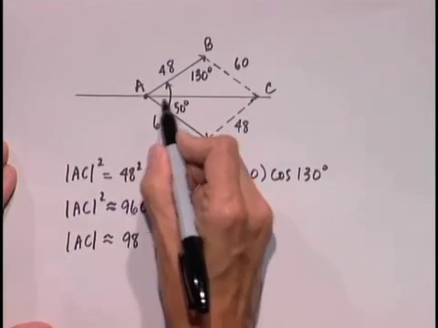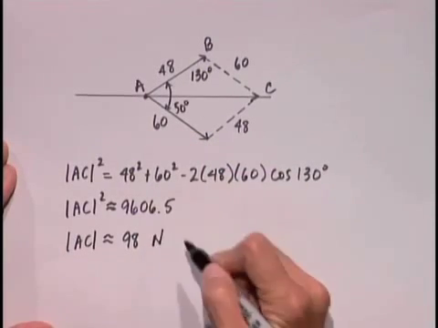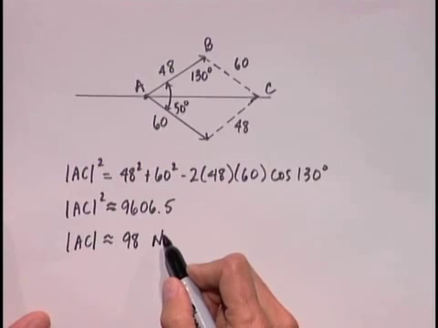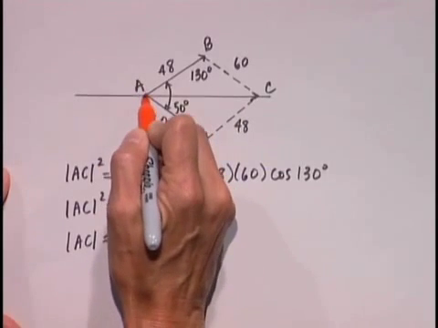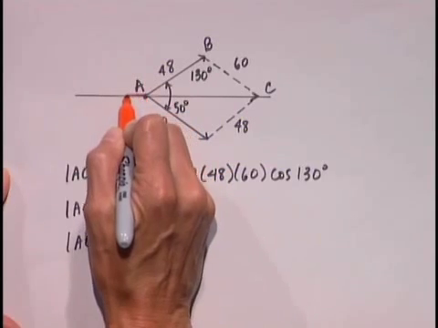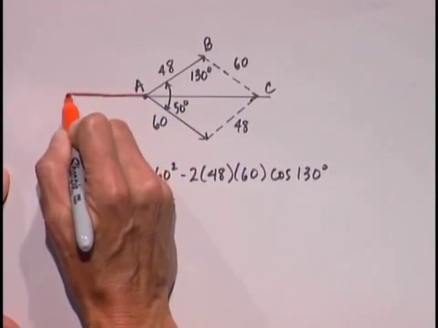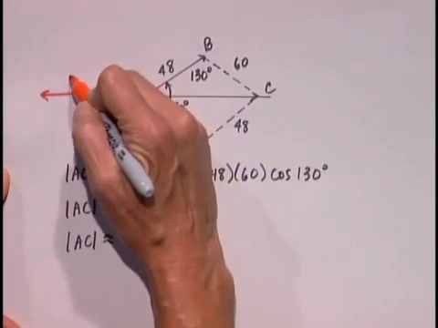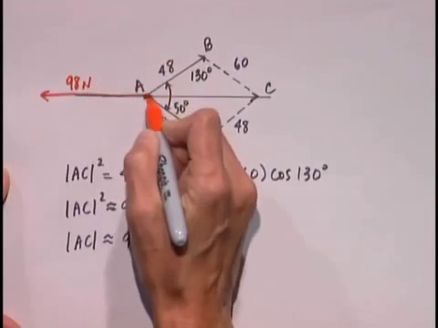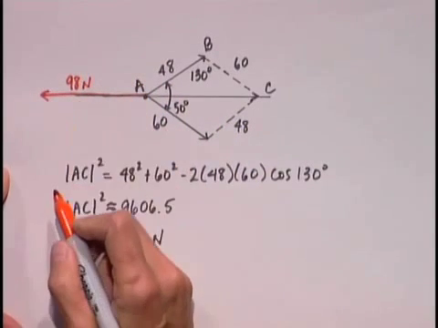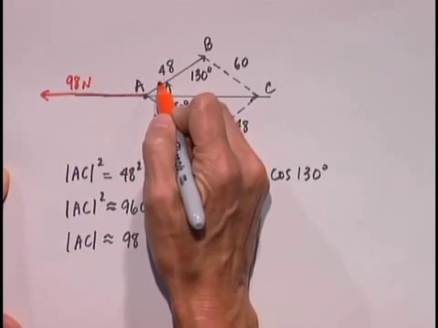So the magnitude of that equilibrant is 98 newtons, and that's part of what I was looking for. Well, let's sketch that equilibrant vector on our picture. The equilibrant vector would have its initial point at A and point to the left and have a magnitude of 98 newtons.